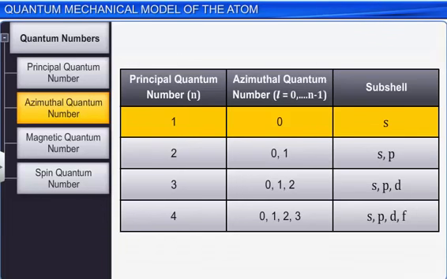Similarly, for n is equal to 2, l is equal to 0 and 1. That is, there are two subshells in second main energy level. And for n is equal to 3, l is equal to 0, 1, 2. That is, there are three subshells in third main energy level.